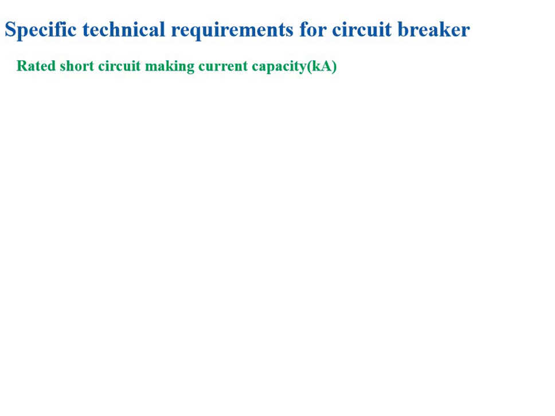This current carrying capacity is also decided by the conducting material and its cross section used. So this rated short circuit making current capacity also affects the cost of the circuit breaker.